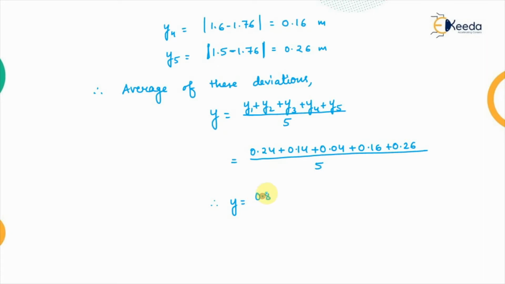The value of y will be 0.84 divided by 5, which gives us 0.168 meters.